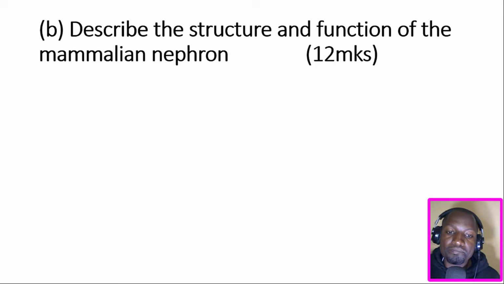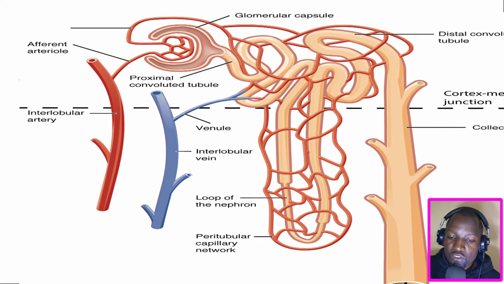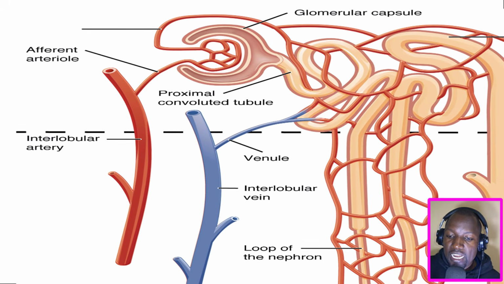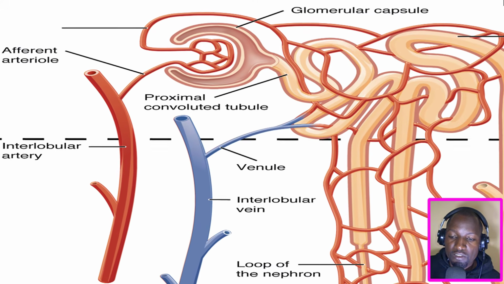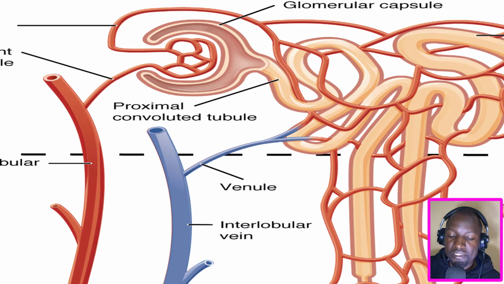Question number B is at 7B. Describe the structure and function of the mammalian nephron. It has a renal tubule. It also has a glomerulus, which has a rich network of blood capillaries.